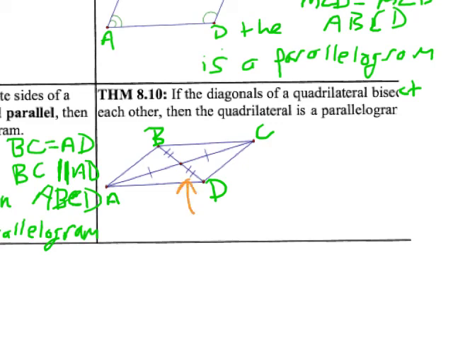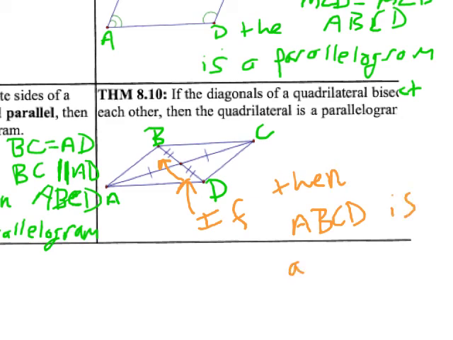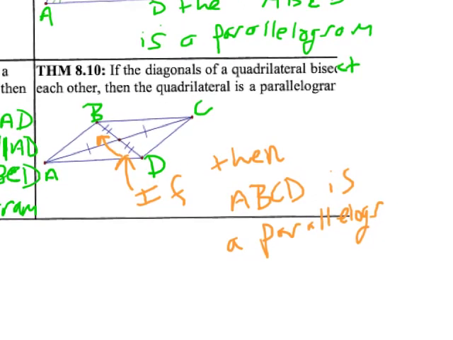If I've got these congruence marks here, and that stuff is true, then ABCD is a parallelogram. So if the diagonals bisect, I've got a parallelogram.